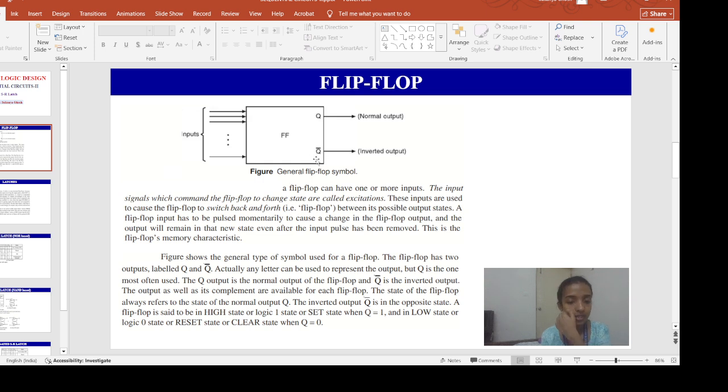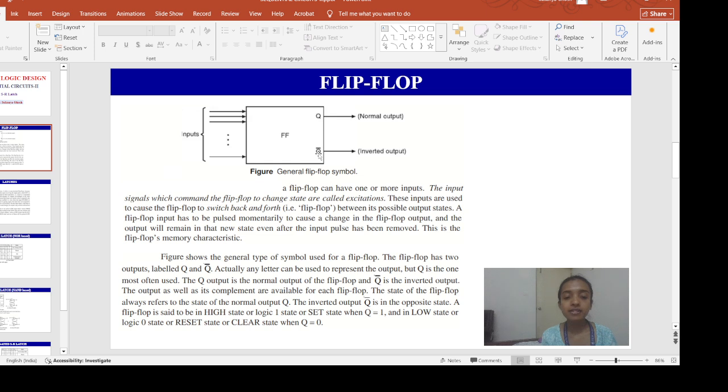The output as well as its complement are available, so we can have both the output and the complement of the output. The state of the flip-flop always refers to the state of the normal output Q. The inverted output Q bar is in the opposite state.